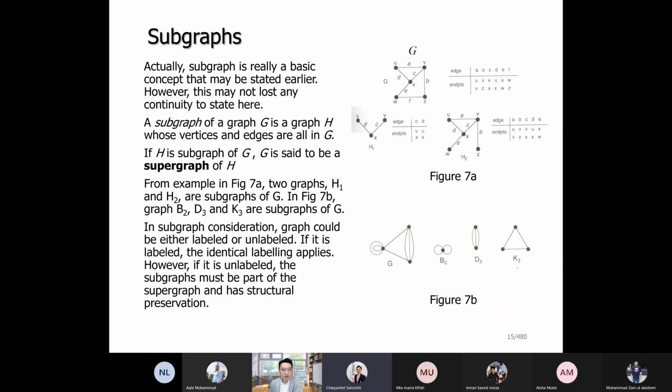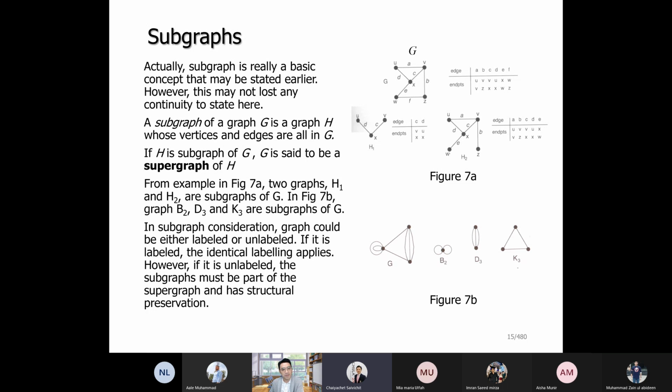Now we move on to another topic called subgraph. Subgraph is really a basic concept that you may intuitively know. That may be stated earlier, however it might not be lost to state it here.